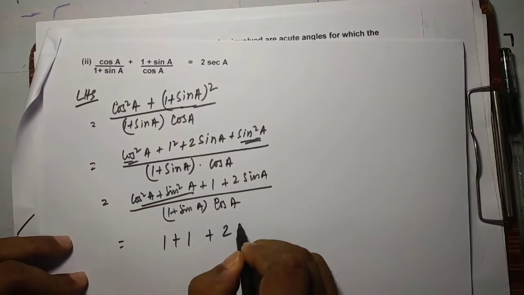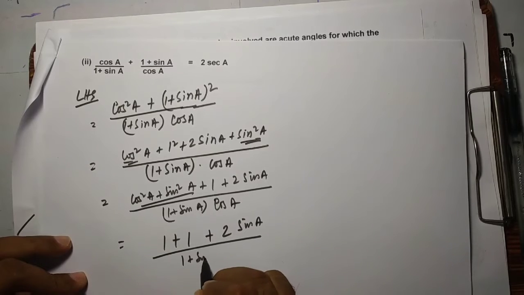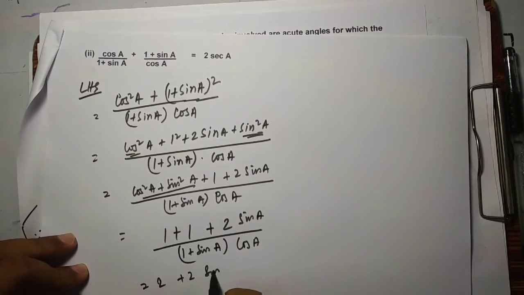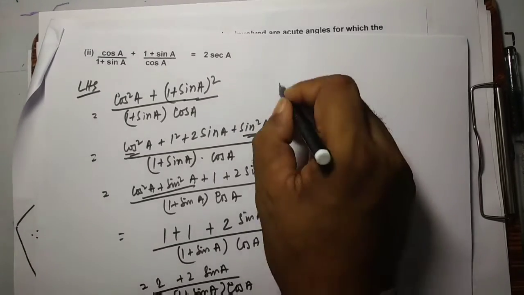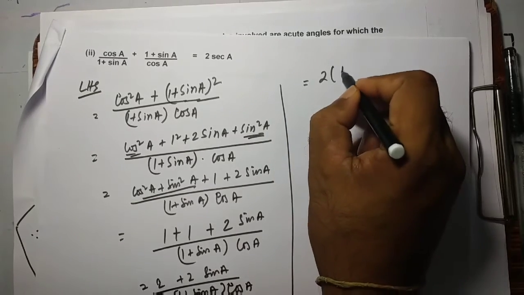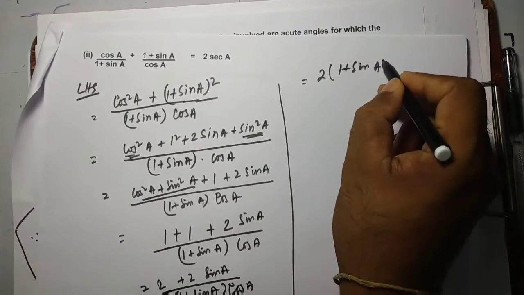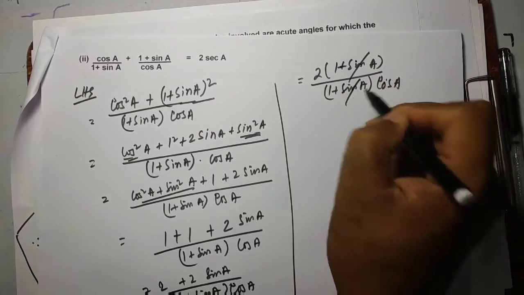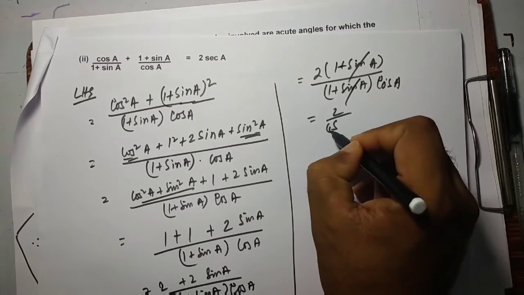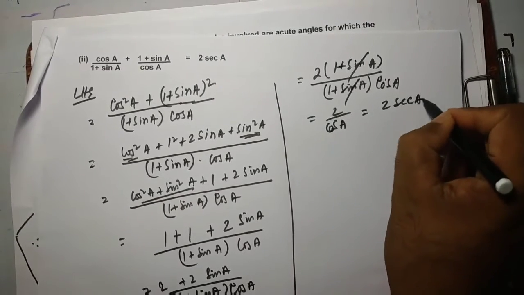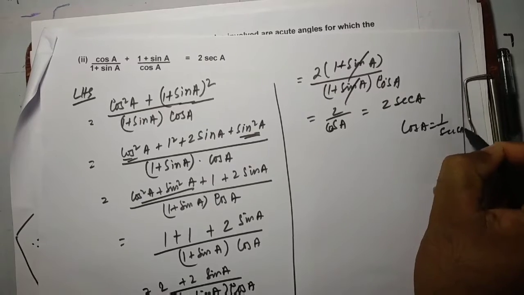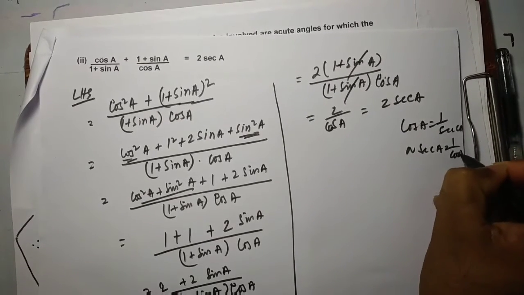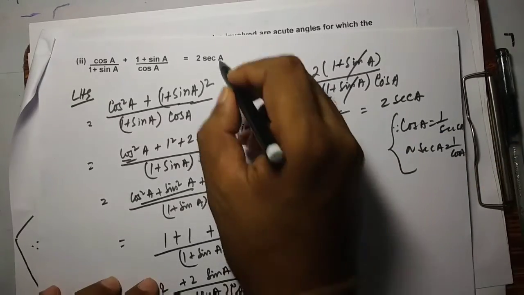So this is 1 plus 1 plus 2 sin A upon 1 plus sin A whole into cos A. So this is 2 plus 2 sin A over 1 plus sin A whole into cos A, which is equal to 2 common 1 plus sin A over 1 plus sin A whole into cos A. 1 plus sin A cancels, so this is 2 over cos A, so this is 2 sec A. You know cos A equal to 1 upon sec A, or sec A equal to 1 upon cos A. Correct? So it is proved.